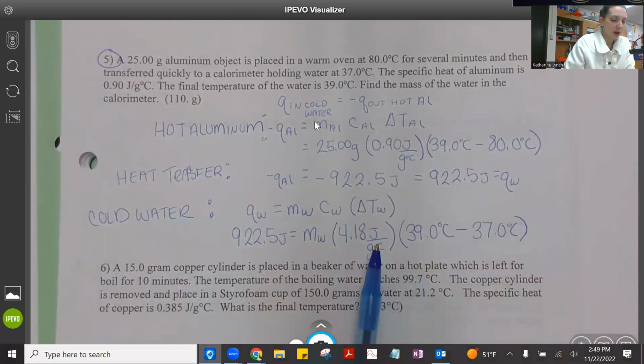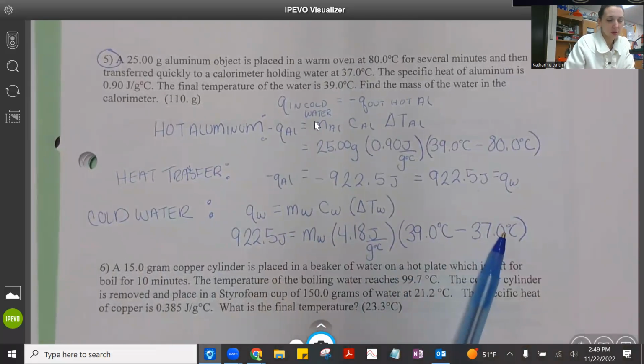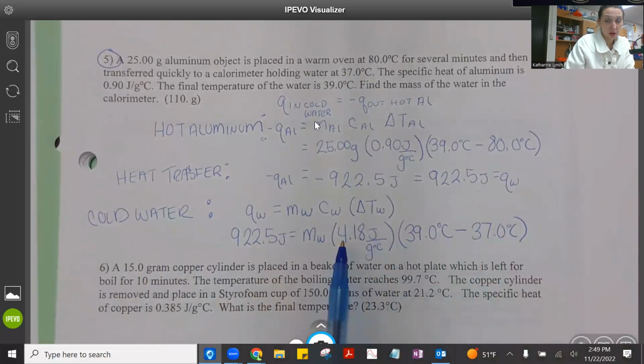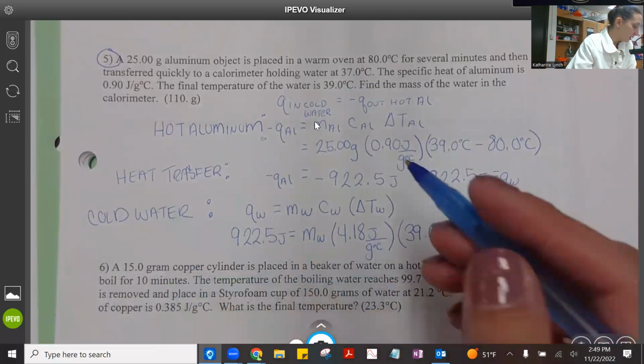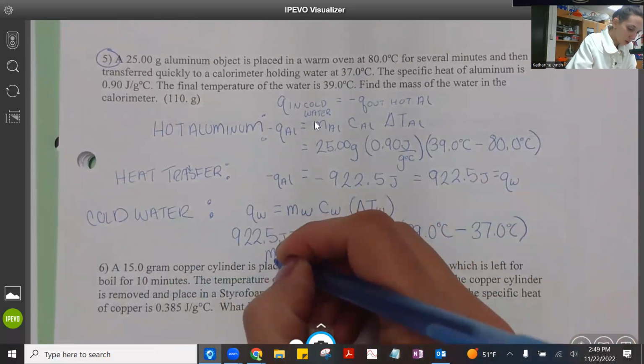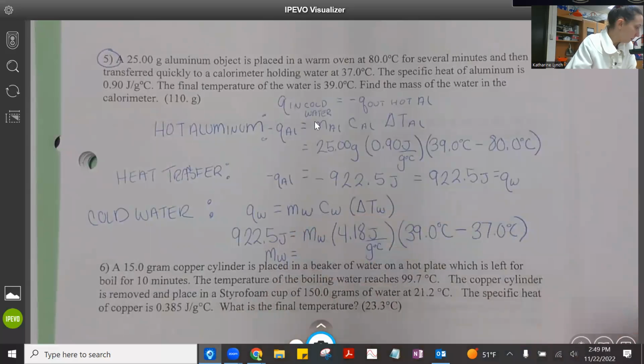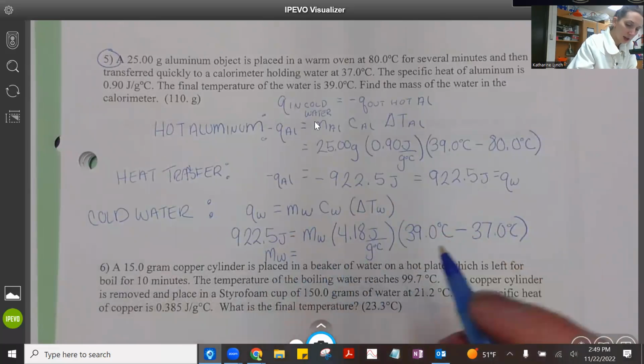All right, I'm going to have to subtract, multiply through, and then divide each side by whatever that comes out to be. And my mass of water after my algebra ends up being rounded to sig figs because I need 3.